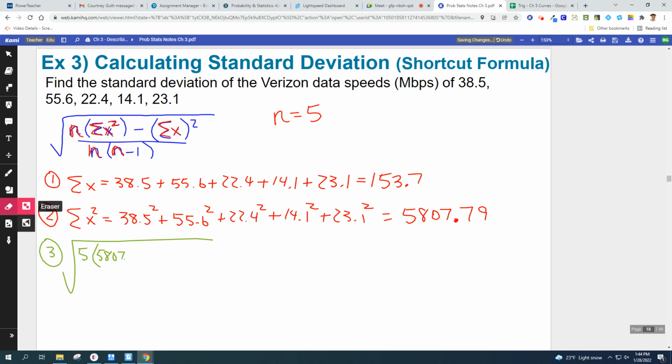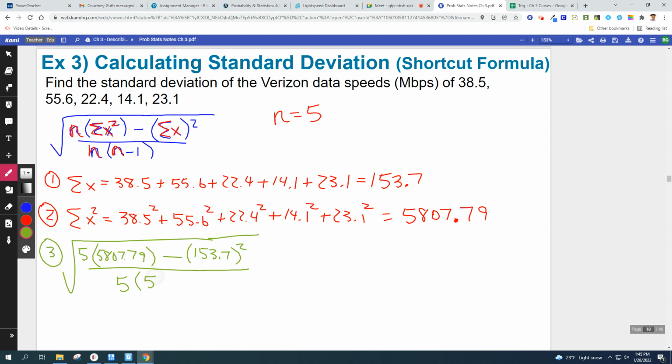Let's try that again. Minus, the next thing I have there is sigma x. That is 153.7, but then I'm going to square it according to that equation. On the bottom, I'm going to have n is 5 times parentheses 5 minus 1. Look like that.